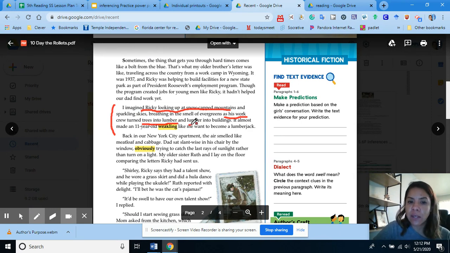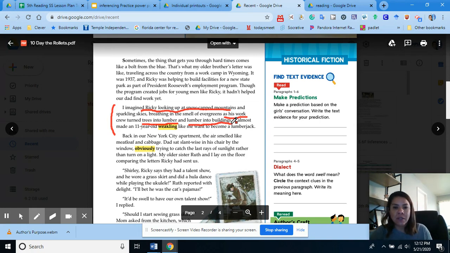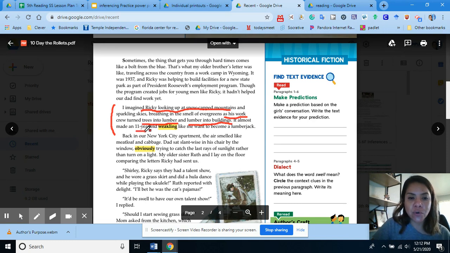And then lumber into buildings because every building requires lumber. So his brother is working in the snow, cutting trees, turning those trees into lumber, and then that lumber is being used for buildings. It almost made an 11-year-old weakling like me.